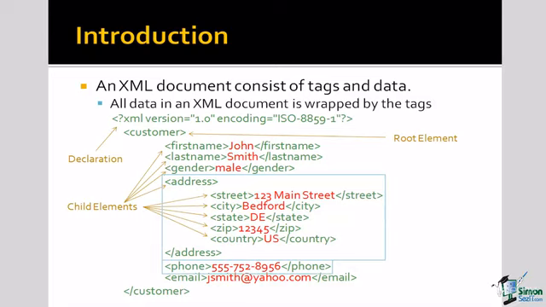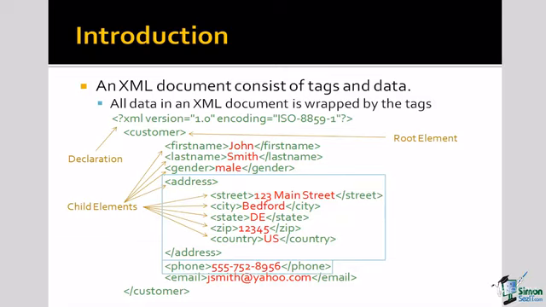Likewise, the last name, the gender, the address, and the address itself has child elements: street, city, state, zip, and country. Within each of these tags, a consumer of this XML file would be able to extract the data that they're interested in simply by scanning these tags.